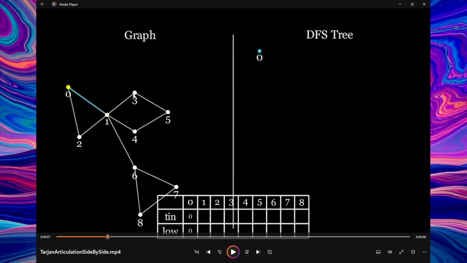So now we've hit 3 twice, once from going all the way around this loop and once from going directly to it. And so we will take the lower of those two values. That's why it's called low. Make sense? So we would take 5 instead of taking the larger one.